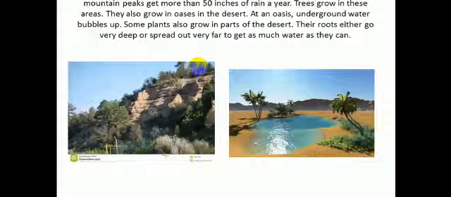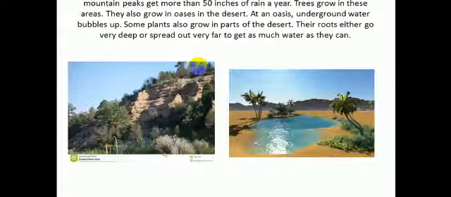So some areas with plateaus and mountains get rain or snow in winter. Some mountain peaks get more than 50 inches of rain a year. Trees grow in these areas.